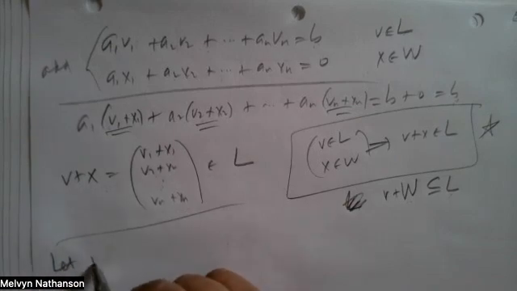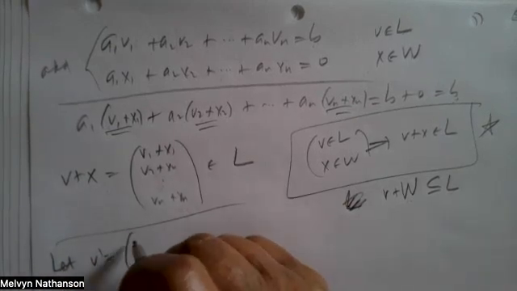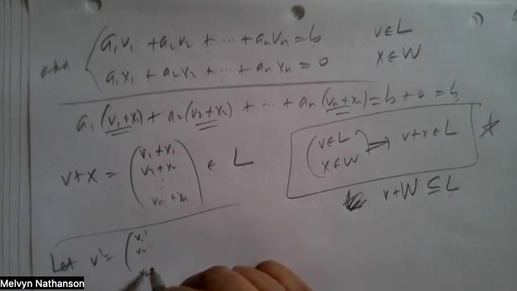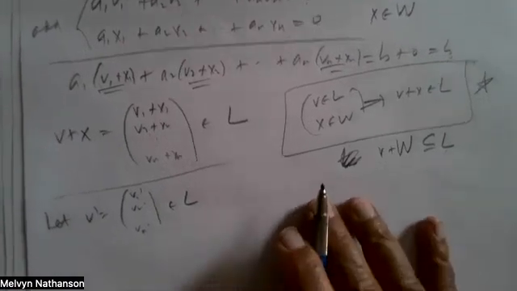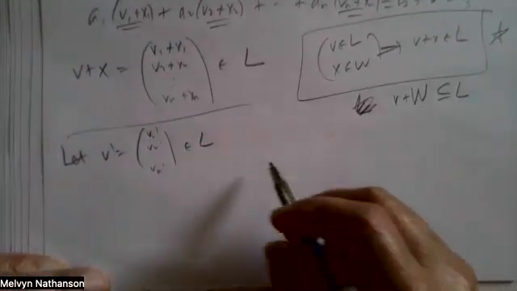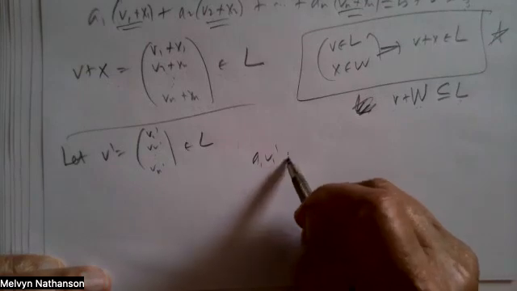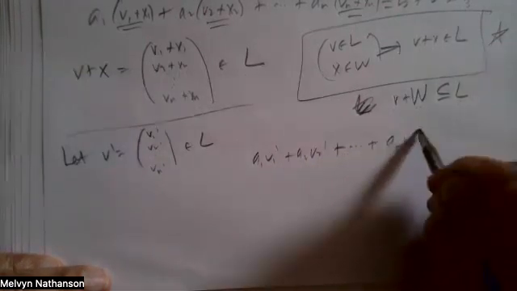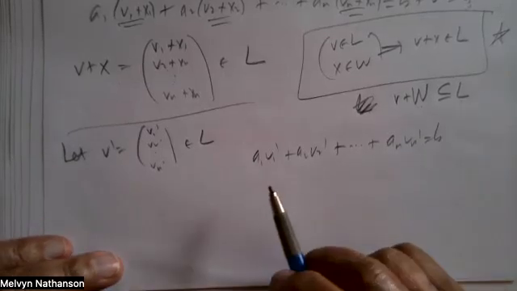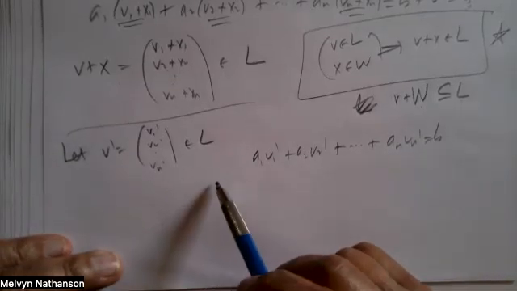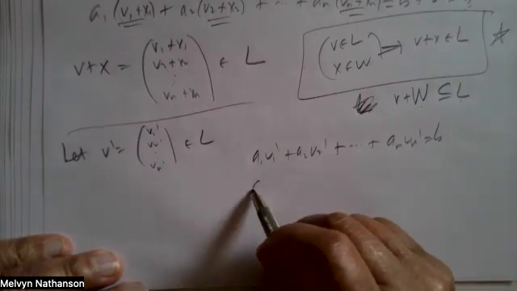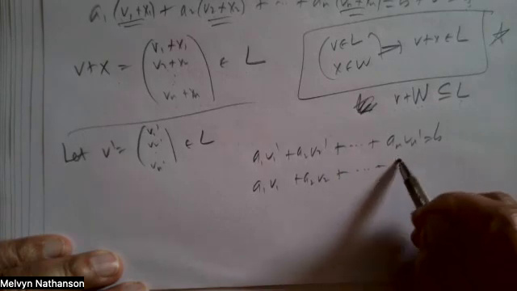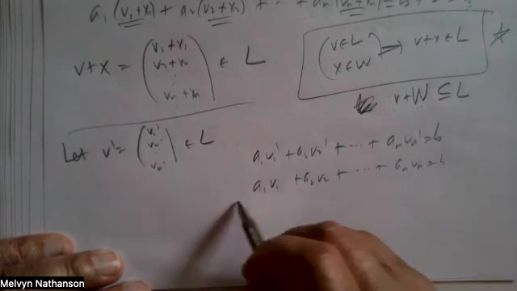Suppose that V prime, with coordinates v1 prime, v2 prime, down to vn prime, is also in L. This means A1v1 prime plus A2v2 prime up to Anvn prime is equal to b. And I already had that V is a solution of the inhomogeneous equation, so A1v1 plus A2v2 plus up to Anvn is equal to b.